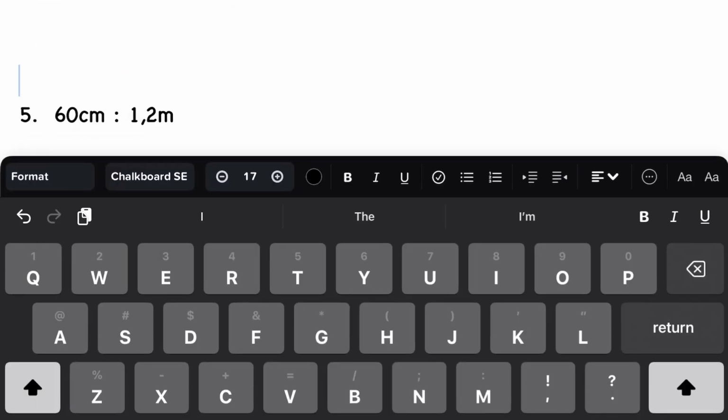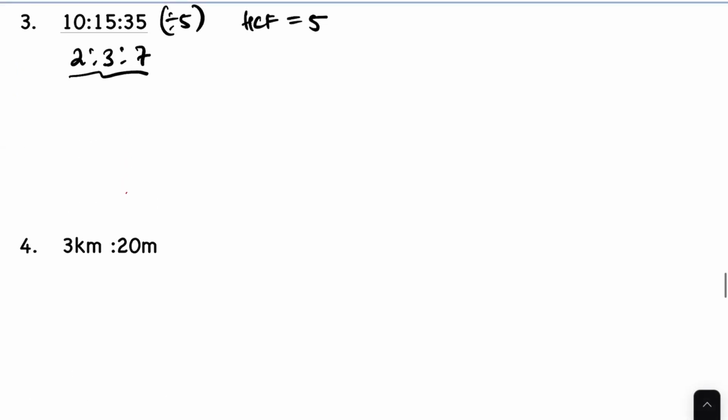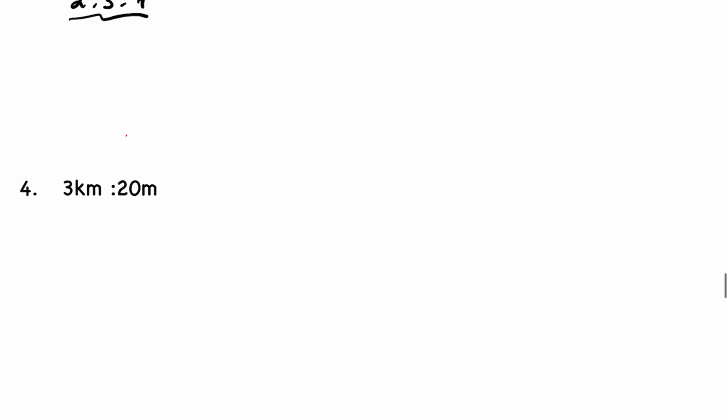So guys, here we have the ratio of 3 kilometers is to 20 meters, right? One of the important things you should understand is conversion. 1 kilometer is equivalent to 1,000 meters.